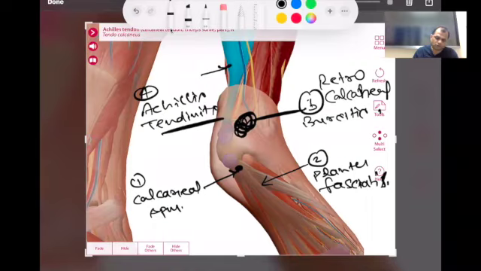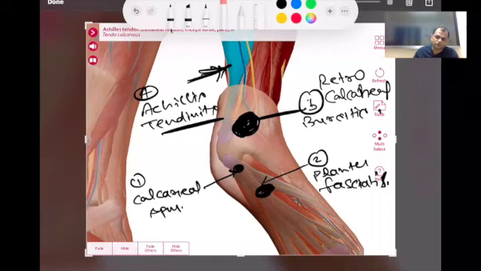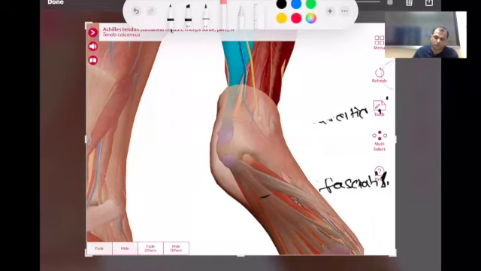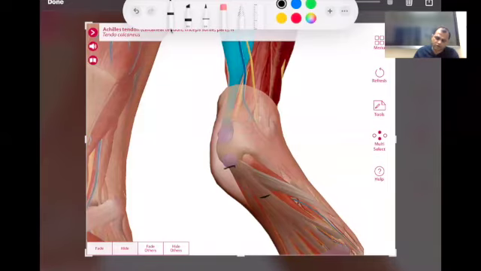One cause, the growth of bone. The second cause, the tight fascia. The third cause, the bursa is swollen and inflamed here. And the fourth cause, the tight tendon. So let's write down in the simple language once again. The cause of heel pain, number 1, bone growth.